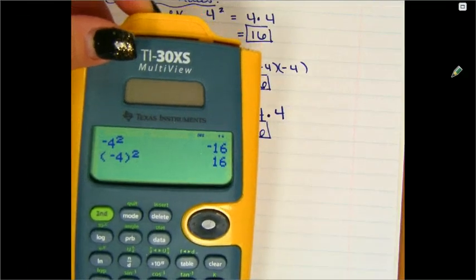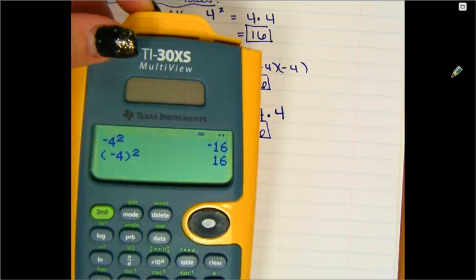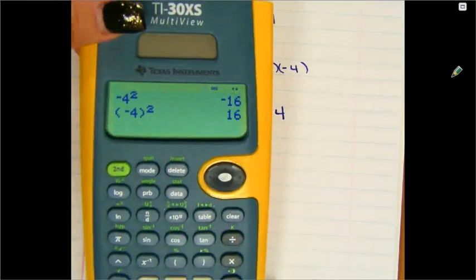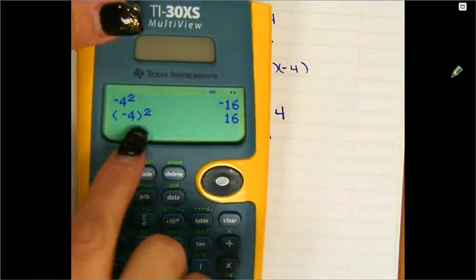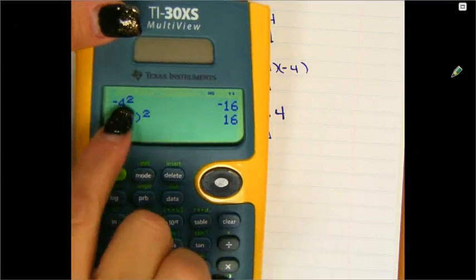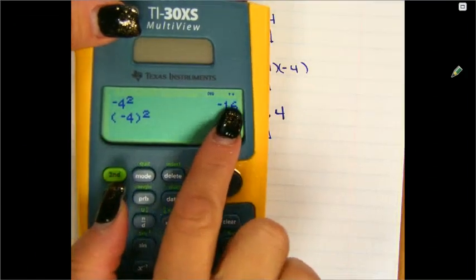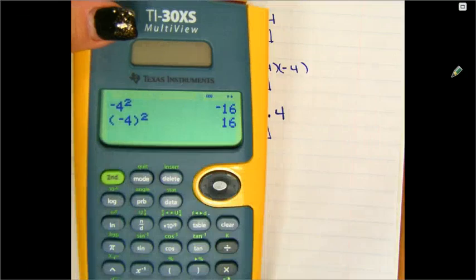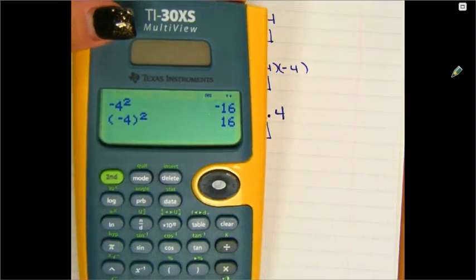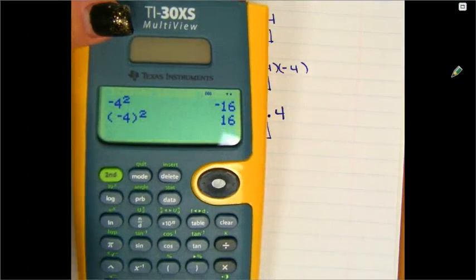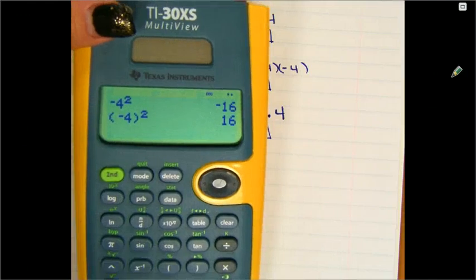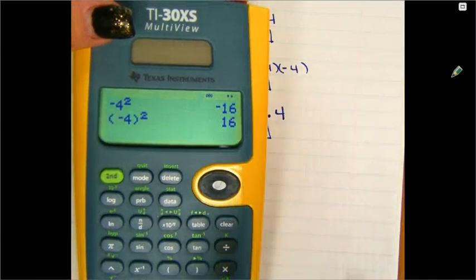Do you understand? So if you are putting it in the calculator, you need to be careful. The reason I'm showing you this is because sometimes you'll plug it in the calculator and you really mean this, but you do this, and guess what you get? Negative, but it really should be positive. So you need to be careful, okay? If you don't do parentheses, it's negative 16 like I just showed you.